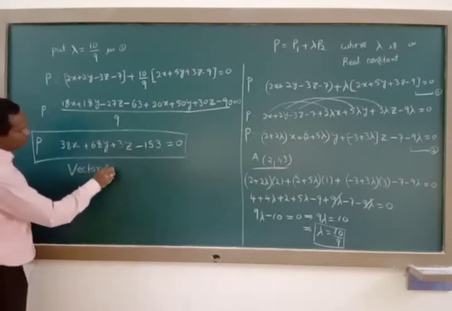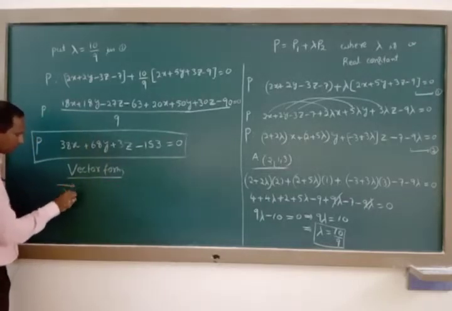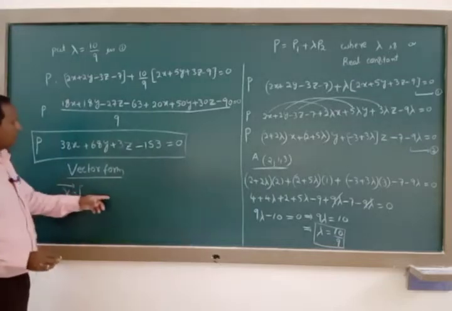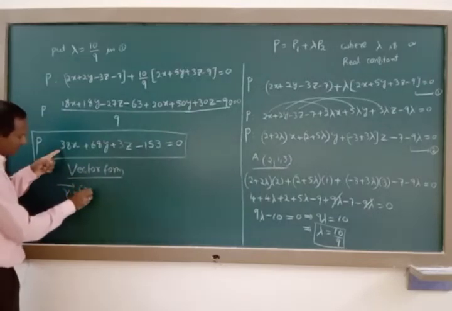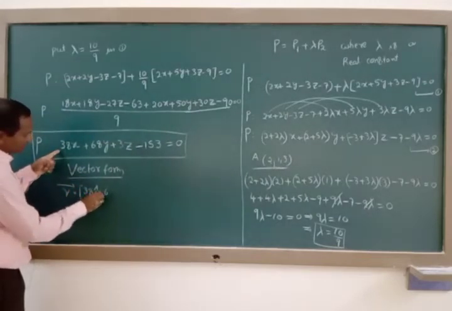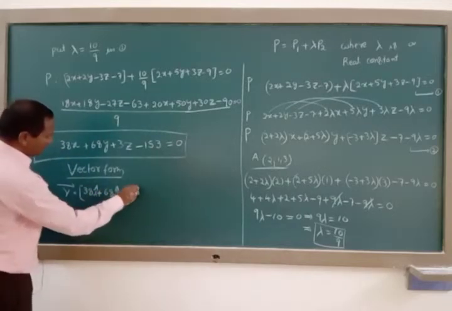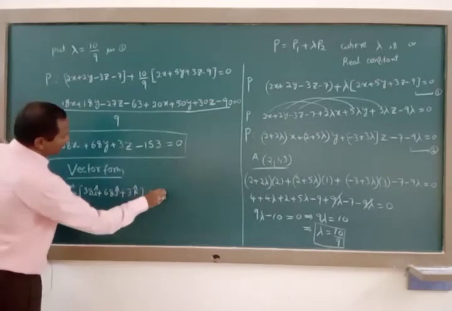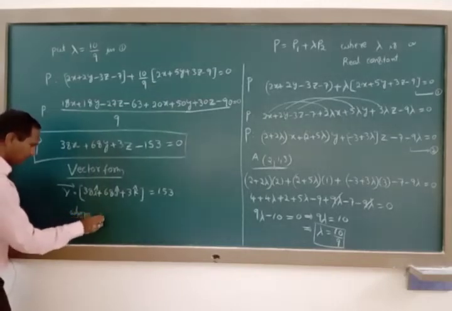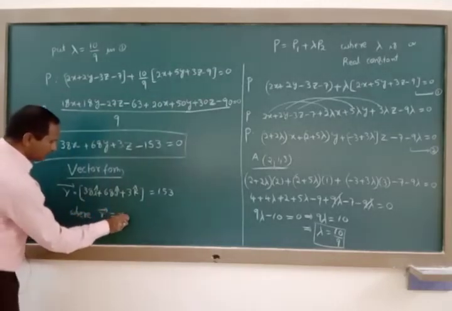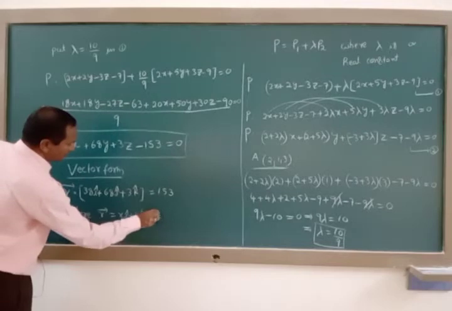Vector form is r vector dot the remaining vector, which with the help of the coefficients of x, y and z we can write like this: 38 i cap plus 68 j cap plus 3 k cap is equal to 153, where r vector is equal to x i cap plus y j cap plus z k cap.